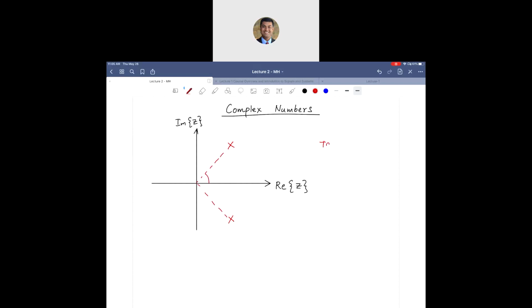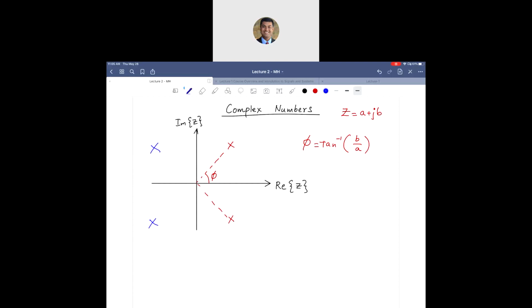You do the tan inverse. So if the complex number z is a plus jb, you will do tan inverse of b divided by a, and then you will find the phase. However, what would happen if the complex number lies in the second or the third quadrant?